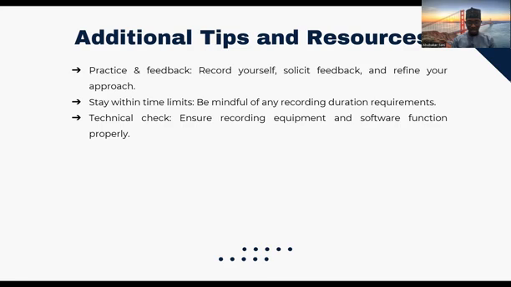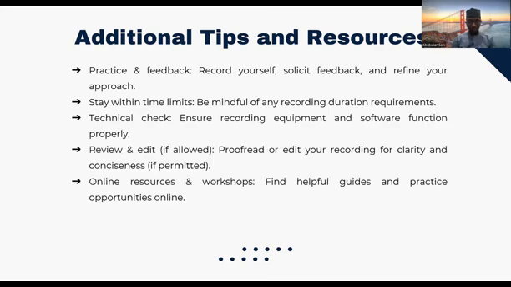And these are breaks, they can sometimes cause confusion. So try to avoid these kinds of breaks, and that will help you a lot. And when you are recording, make sure you review it and edit it before you submit.